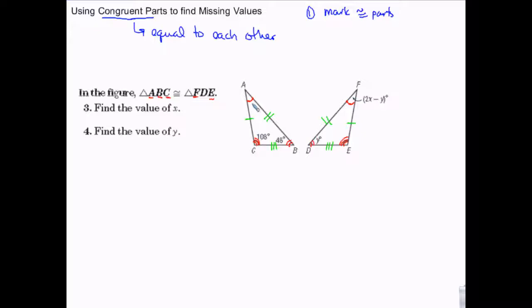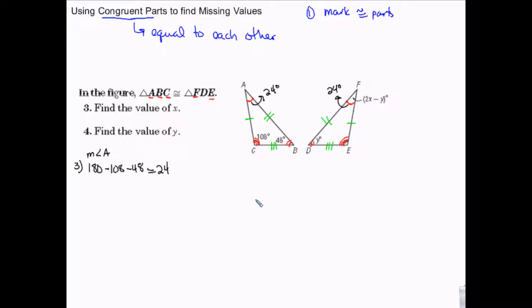I don't know what angle A is yet, but I can find it by subtracting from 180. So I'll do 180 minus 108 minus 48. And that tells me that angle A is 24. So angle A is 24, which means that angle F is also 24.